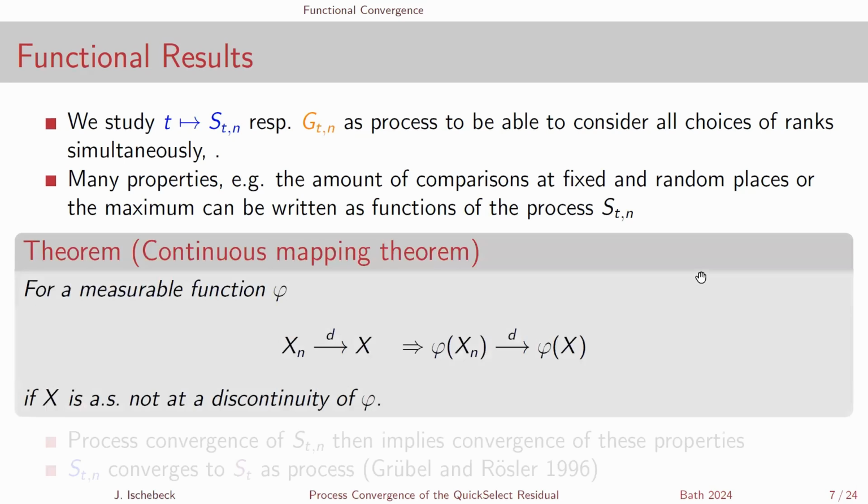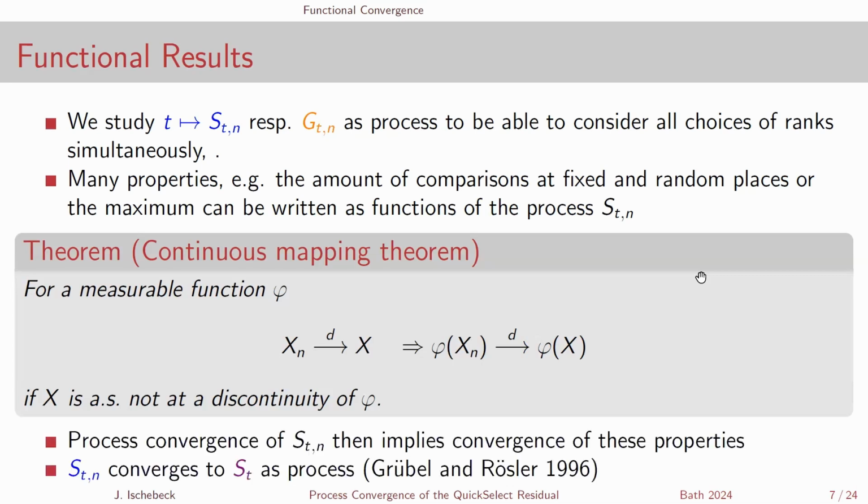And these functions are usually continuous. And then we have this theorem in probability, which states that if we have convergence in distribution, we also get convergence in distribution for the function values, as long as the limit is not at a discontinuity of this process, of this limit. And that's the case for fixed or random points.